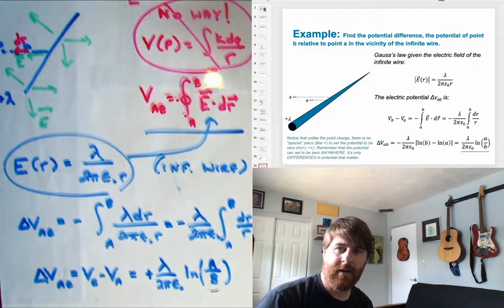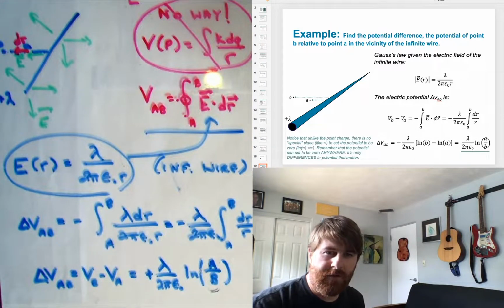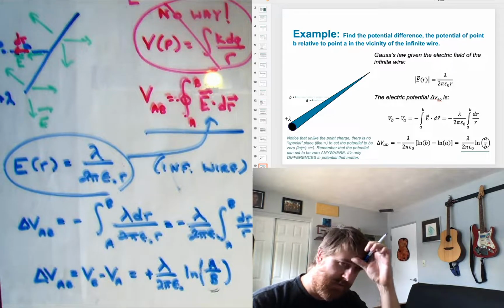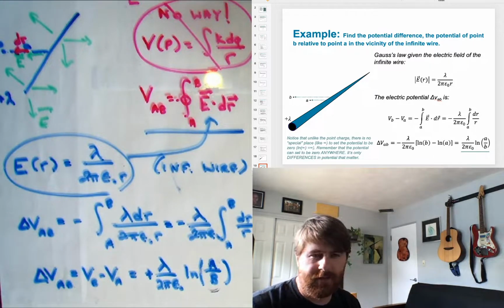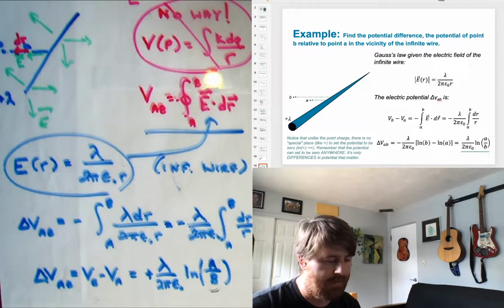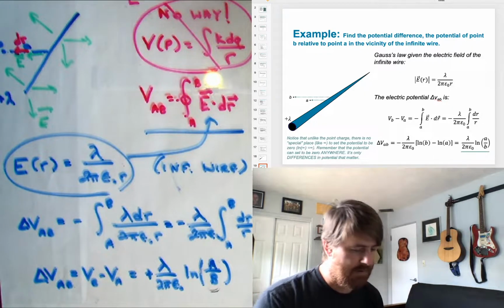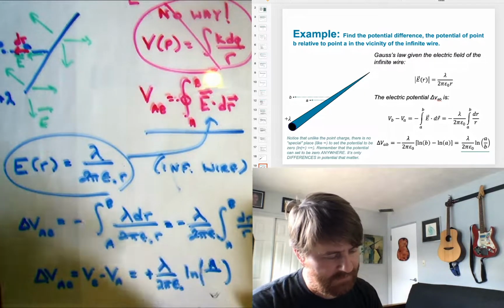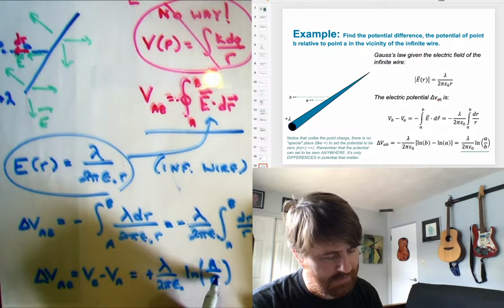Okay. So, what if I wanted to find the potential at a point where I want to call the electric potential due to the infinite wire 0? Should I say that that point is at infinity? Well, let's call our point of interest R here.